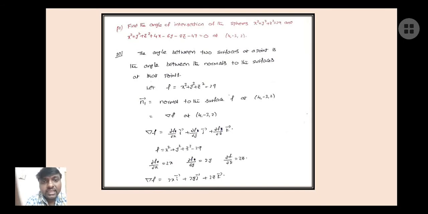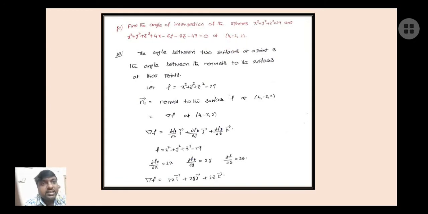For calculating the angle between the surfaces, it is enough to calculate the angle between the normals to the surfaces. So that's why I can calculate first one of the normals to the given sphere, x square plus y square plus z square is equal to 29 at the point, and the second one is the second sphere at the same point.